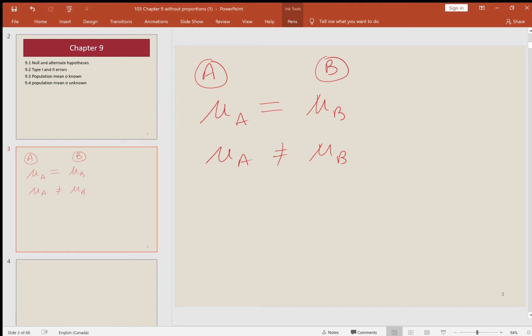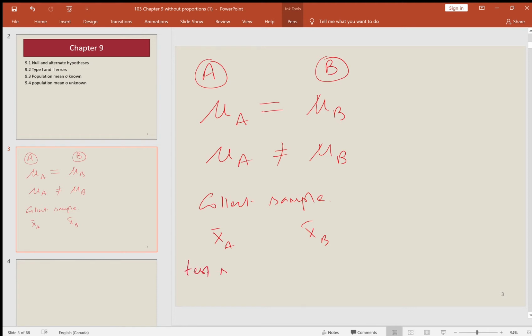And what we do is we basically collect a sample, right? And on the basis of the sample, we will calculate the averages, the sample averages. So we will calculate sample average for city A and sample average for city B. And then we'll calculate some kind of a test statistic.